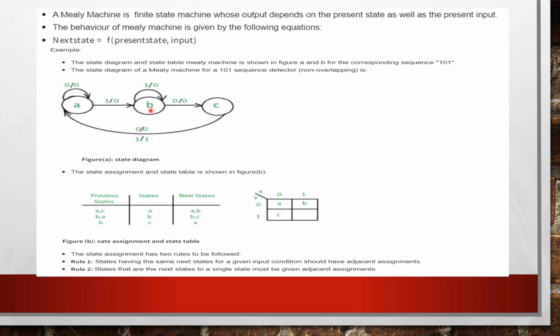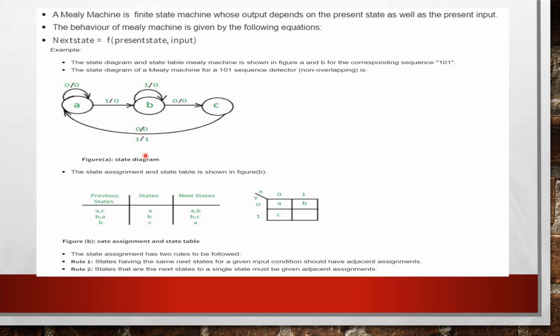Likewise, in state B, when the input is 1, it goes to the same state with the output 0. When the input is 0, it goes to the next state C with the output 0. Likewise, you can understand the state diagram.